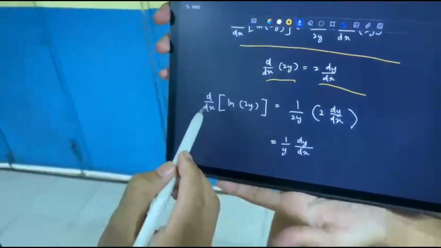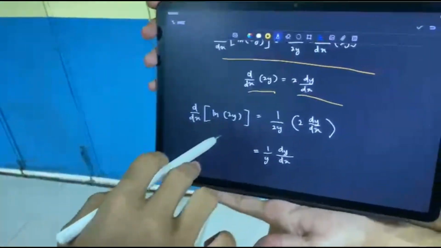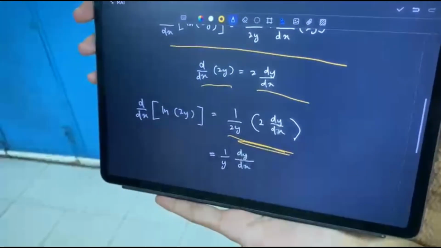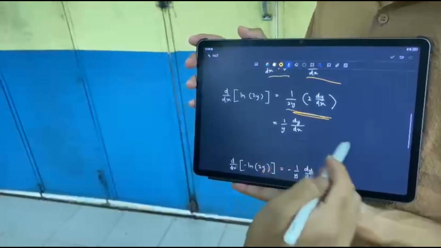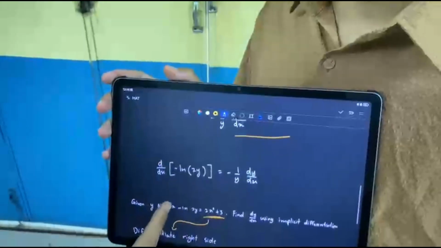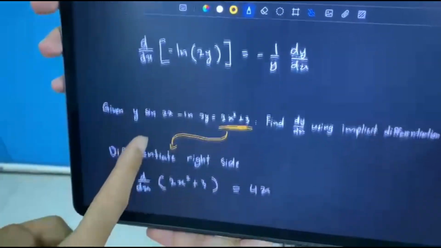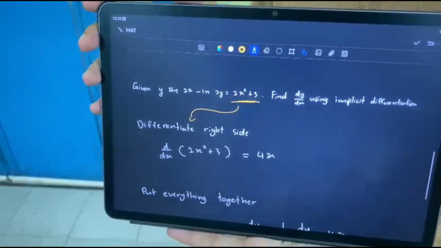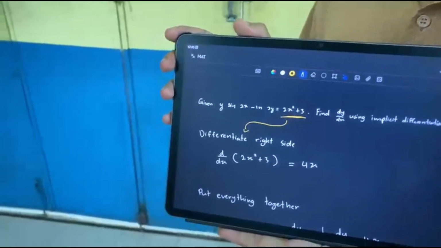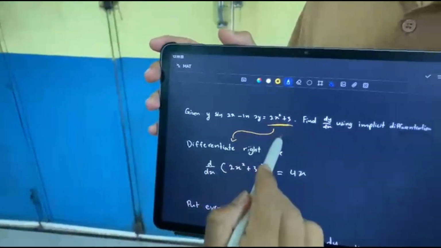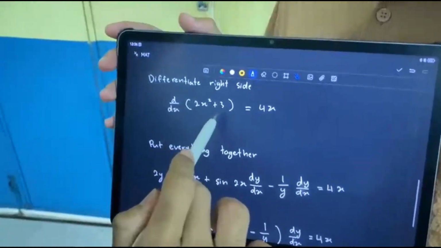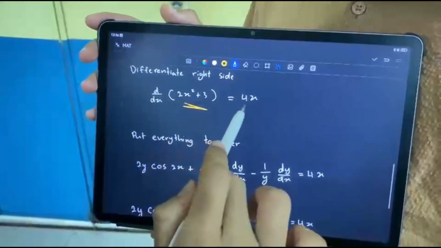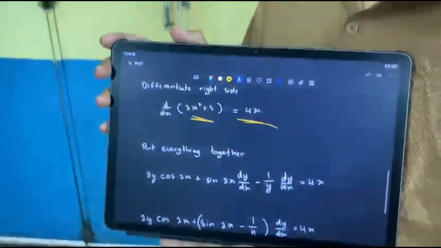We can get 2 dy over dx over 2y equals 1 over y dy over dx. So the next thing is we need to differentiate the right side, which is this one. So differentiating the right side, we get the answer 3x squared.